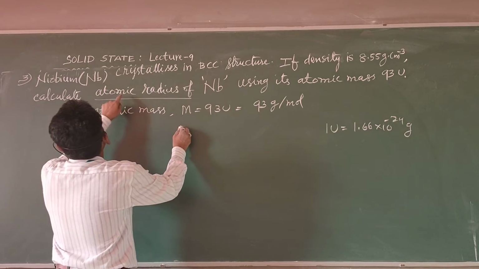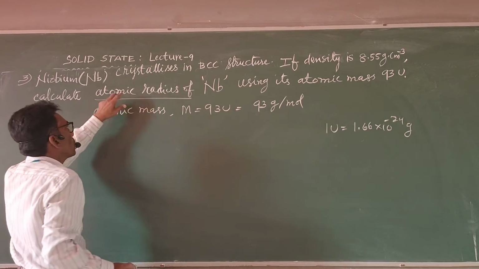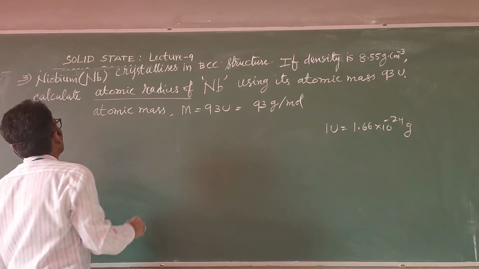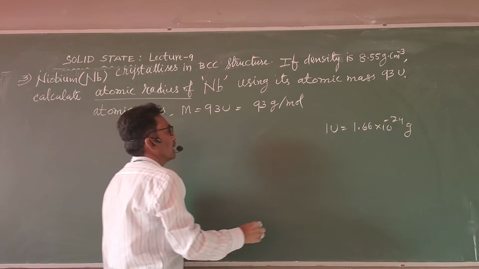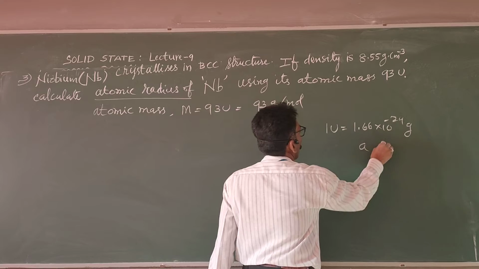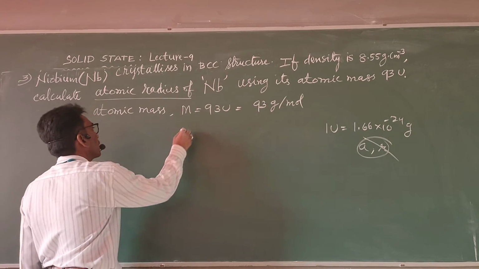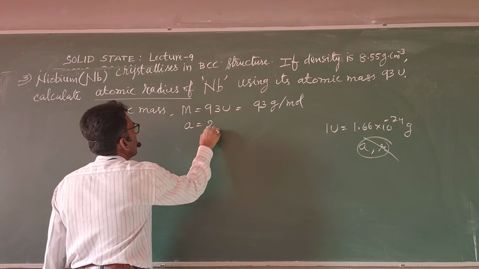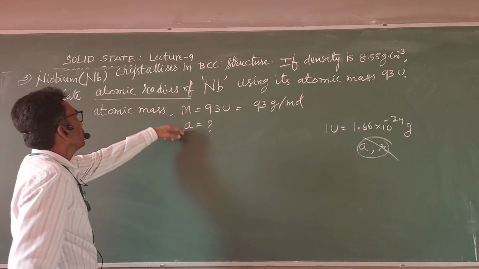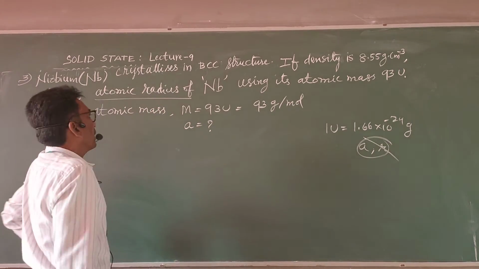Next, atomic radius is not immediately identified, that is in the form of a. A-r relation is there. So from that one, first a is to be calculated, question mark. After calculation of a, we are going to calculate radius.